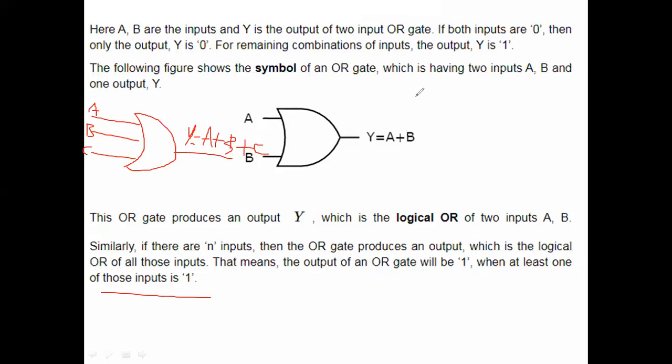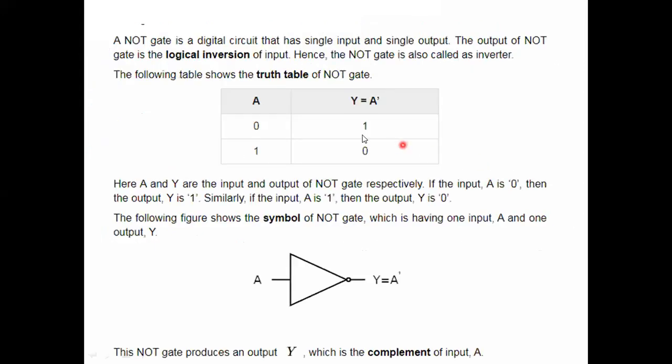Next, the NOT gate. NOT gate means this is inversion, logical inversion. This gate is called a logical inversion. That means complement. It takes the complement value. This gate has only a single input and a single output.